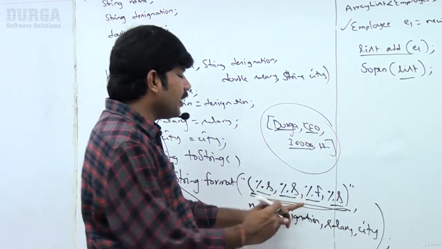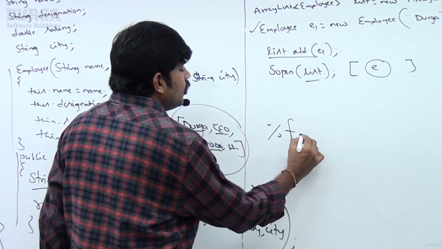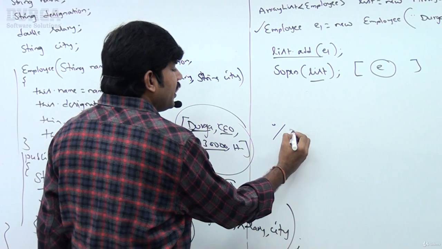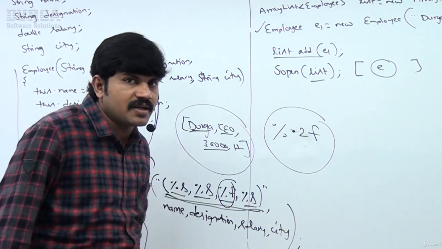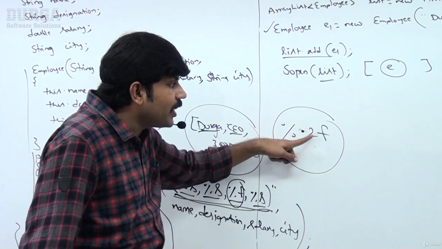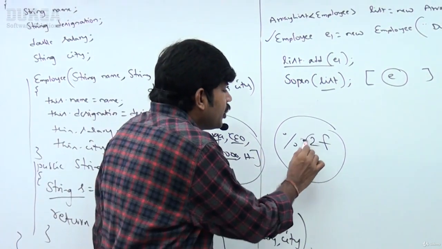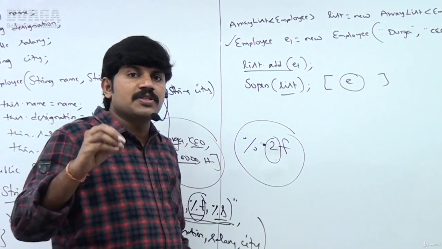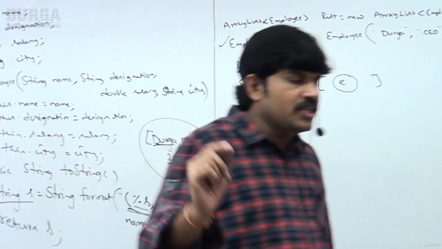Instead of percentage f, you have to take percentage point 2 f. Can you please spell it out? Percentage point 2 f. What it means is, after the decimal point, please consider only 2 digits. Are you getting it? That's all. Now let me make that change also.